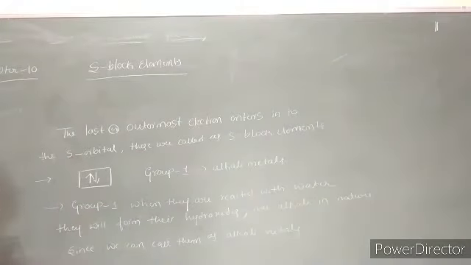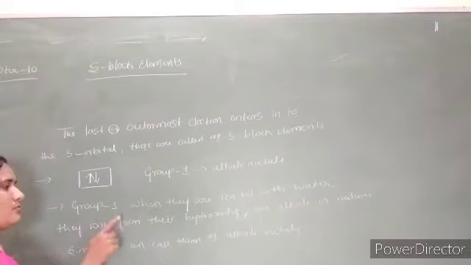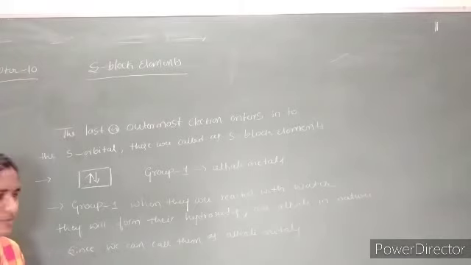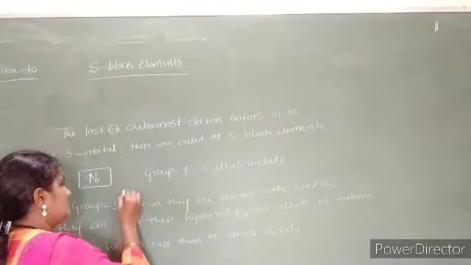The group 1 elements, when they are reacted with water, form their hydroxides. Those are basic in nature or alkali in nature, since the group 1 elements are said to be alkali metals.